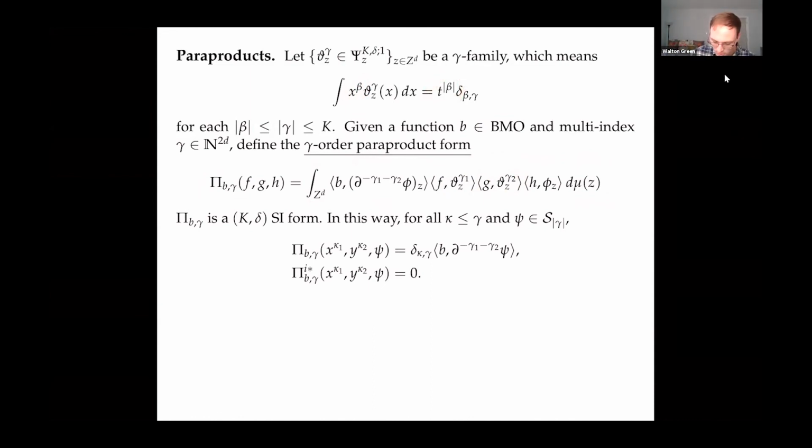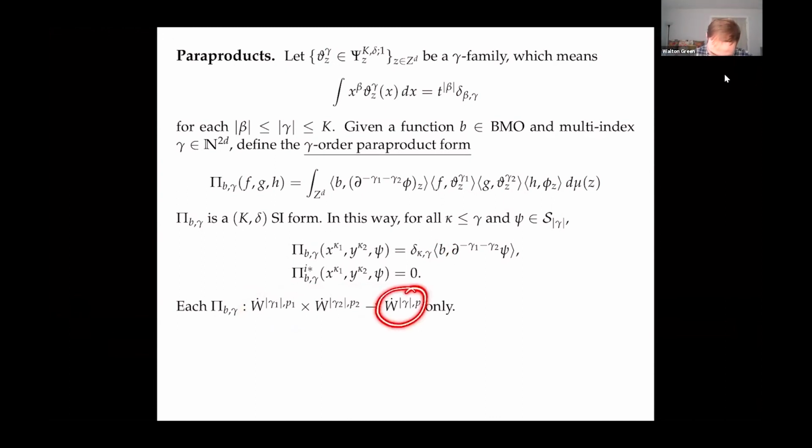So the paraproduct only turns on when you plug in the correct powers of x to the gamma into both of these slots. And in that case, by the Calderon formula, all of this cancels out, and you just get that when you plug in x and y to the appropriate powers, you get the symbol B. Okay, so these are the paraproducts that we introduce, and they do preserve the Sobolev spaces.